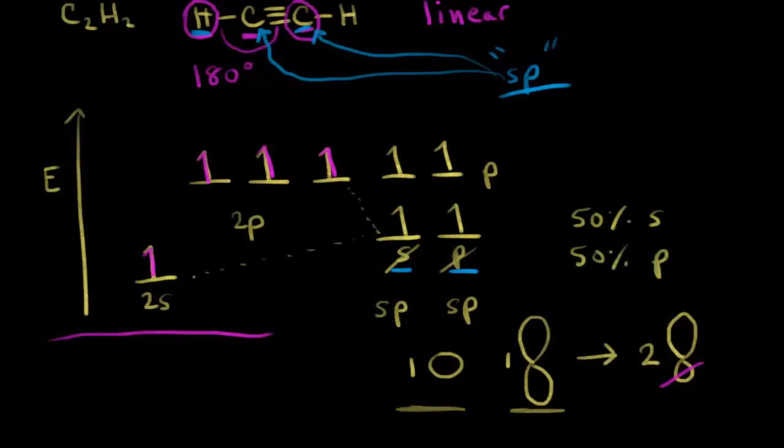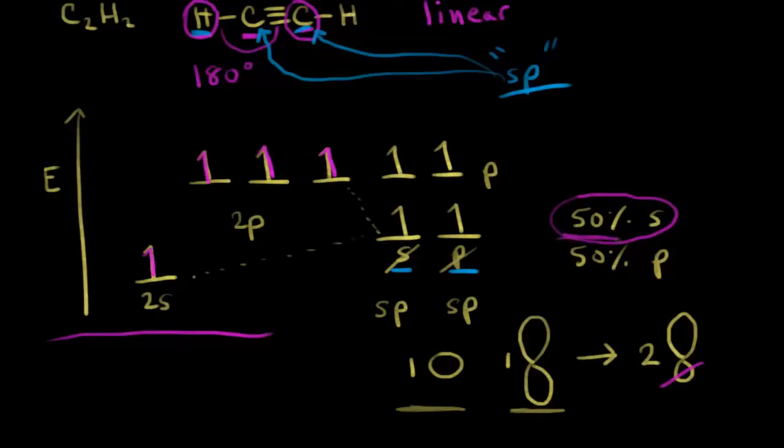And this is more s character than in the previous videos. In the video on sp3 hybridization, we were talking about 25% s character. In the video on sp2 hybridization, we talked about 33% s character. And then for these hybrid orbitals, we have even more s character, up to 50%.